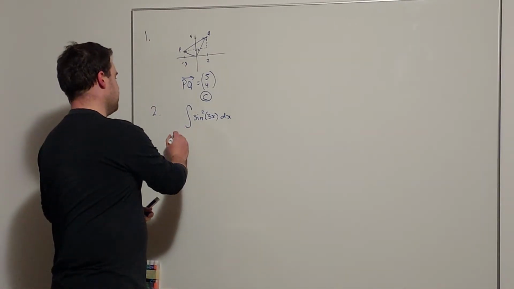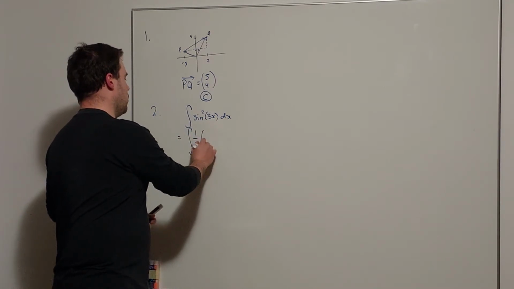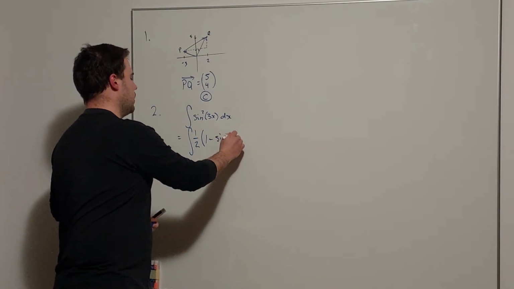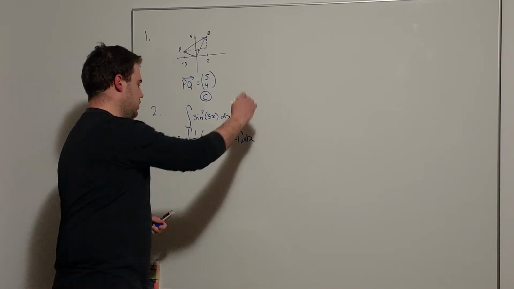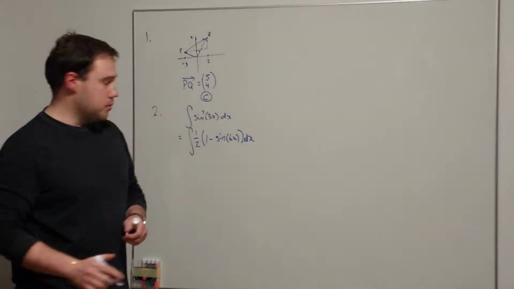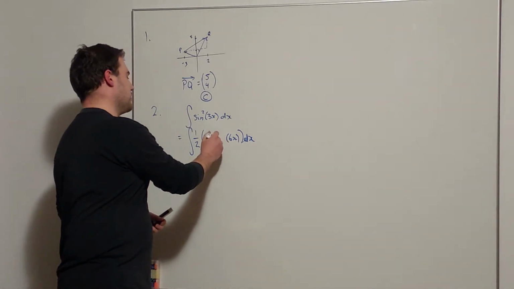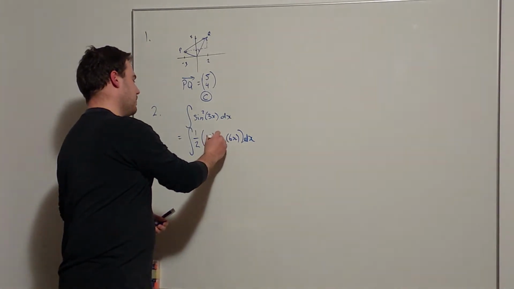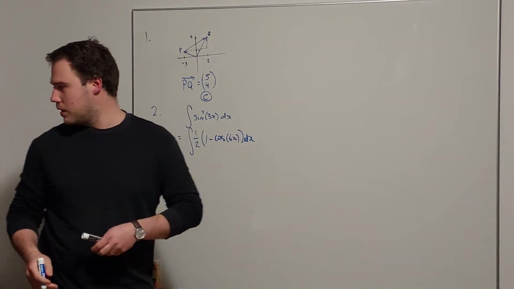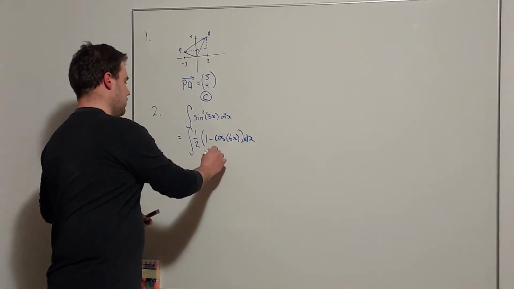It is going to be half of 1 minus cos of double the angle, dx. Sorry, my bad, great start. Both sine squared and cos squared go to cos of double the angle, but sine squared is minus instead of plus, and that was option B.